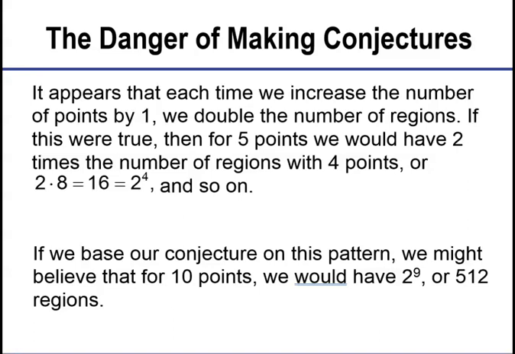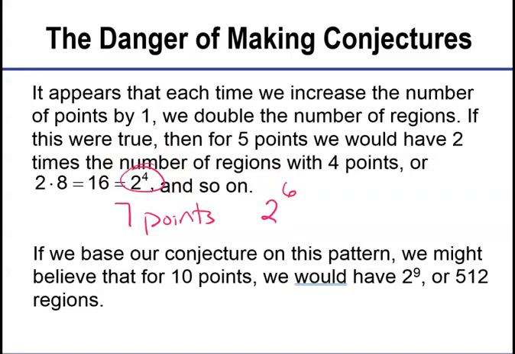Notice they're using 2 to the 4th. So if we made up our own, say we wanted to know if we had 7 points, then that would be 2 to the 6th, wouldn't it? If 5 points we had 2 to the 4th, and 7 points we would have 2 to the 6th.